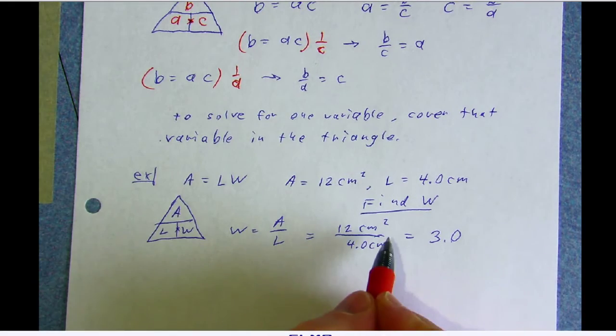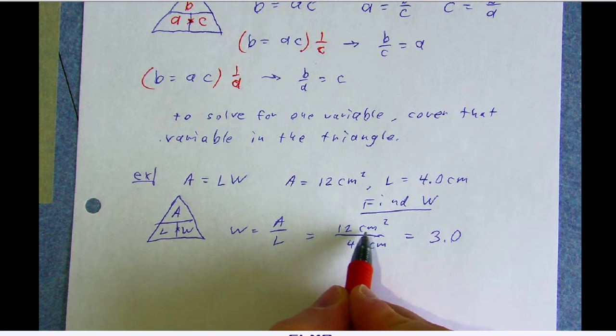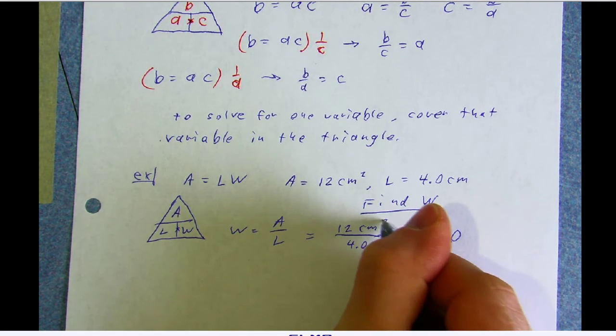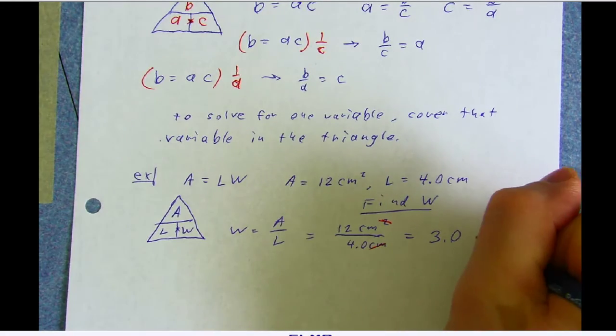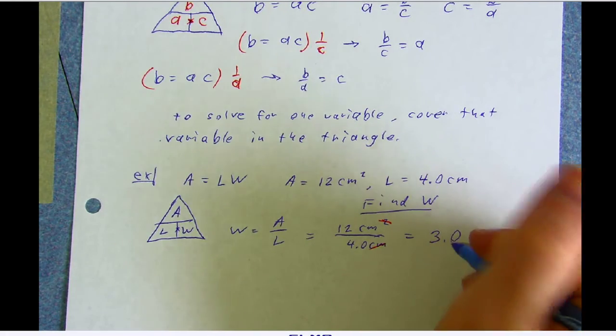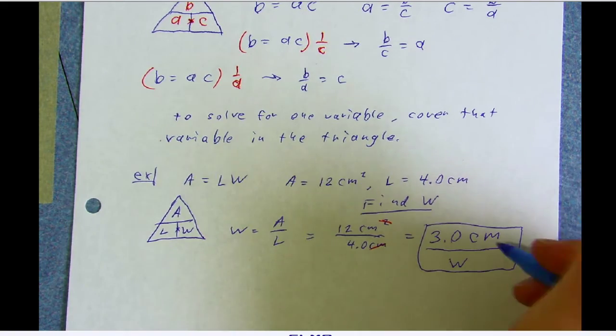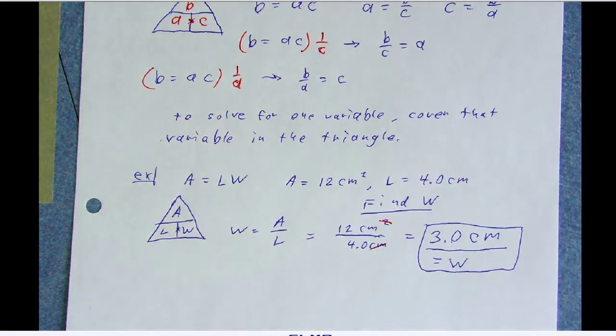But notice the units here. Up here we have centimeters times centimeters. Down here we have centimeters. So this centimeters cancels with one of these centimeters. So we're left with centimeters, which is what we should be left with. This is W. W is 3 centimeters.